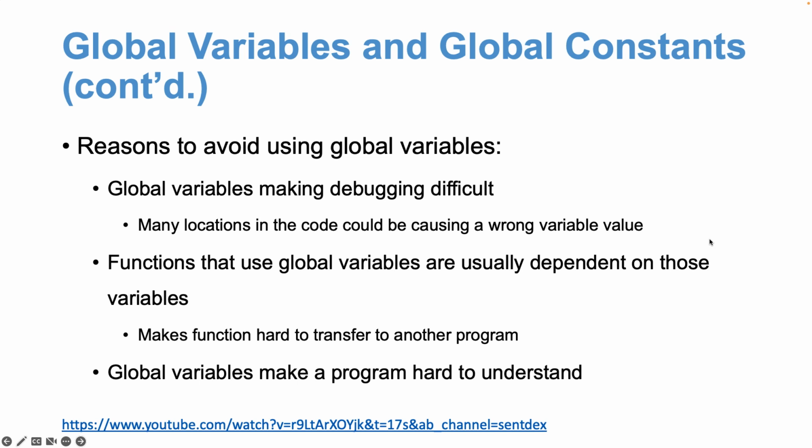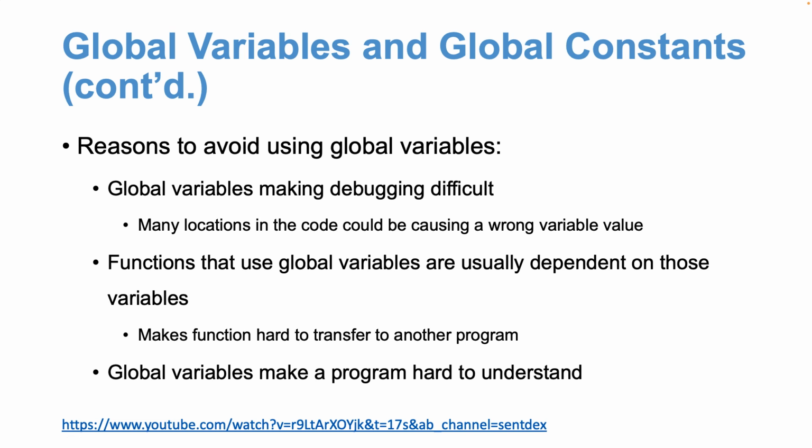In general, as we start to write more complex programs, we are going to try our best to avoid using global variables. Some companies might even ban using global variables for their developers, because global variables make debugging very difficult. Anything that's outside of a function is hard to understand, and there are many locations in the code that might be using that variable or the wrong variable.